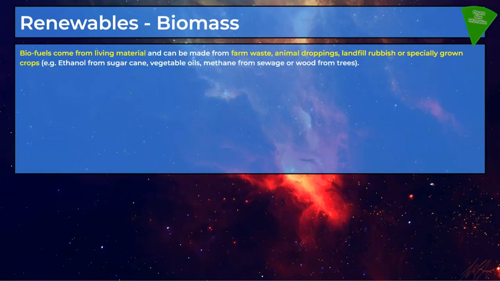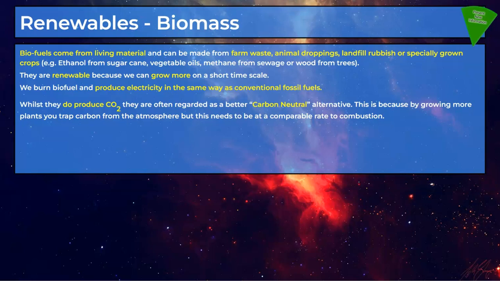So biomass just specifically comes from living material, so it can be made from farm waste, animal droppings, landfill rubbish, or grown from crops such as sugarcane. So it has a wide range of sources, but the important thing is all of these things are replenishable. When we burn biofuel, we burn it in much the same way we would for fossil fuels.